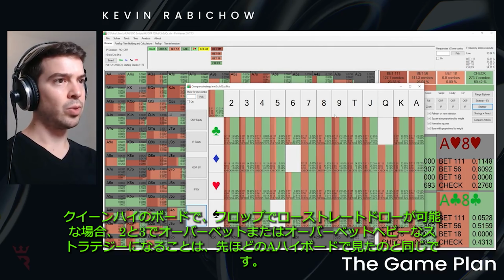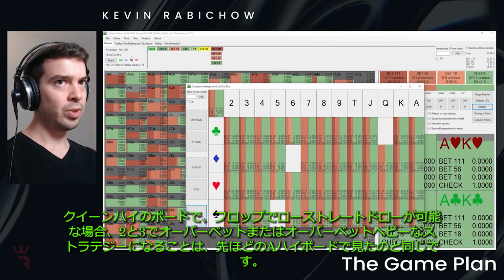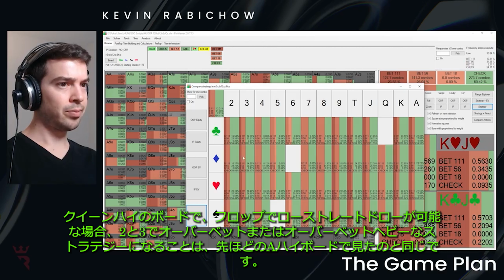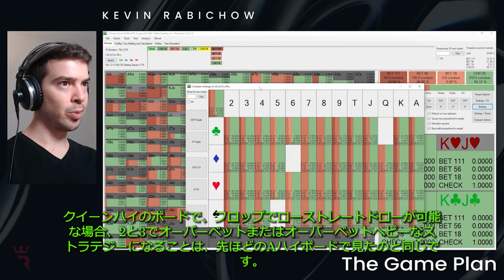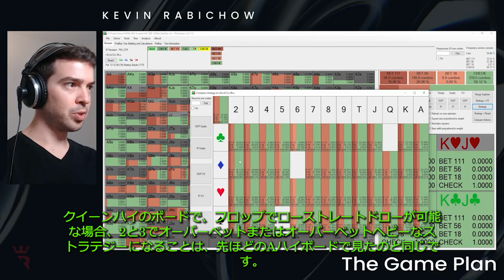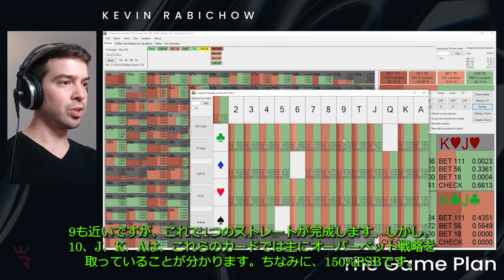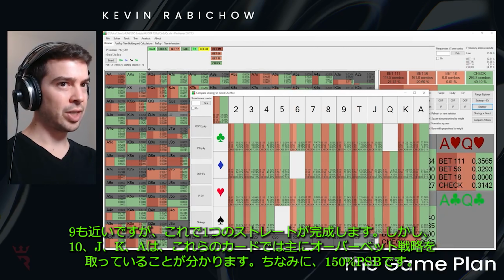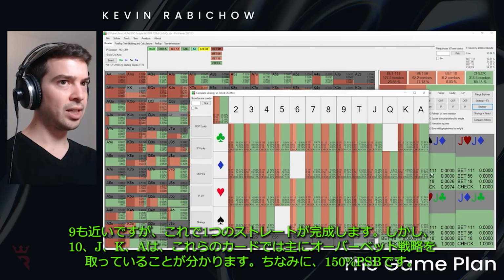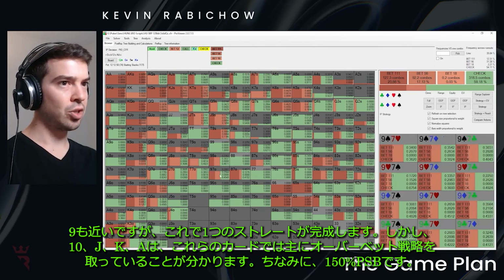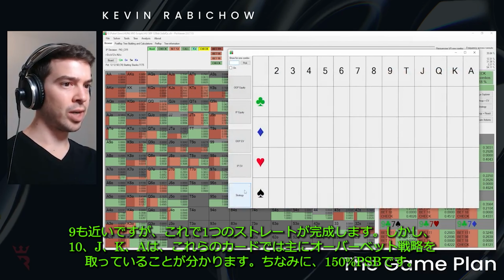So here I've got a queen high board with a low straight draw possible on the flop. We can see that the deuce and the 3 are getting that kind of overbet or overbet heavy strategy, similar to what we just looked at on the ace high board. You can also see that the 9 is close, although that does complete one straight. But the 10, the jack, the king, the ace, we're seeing on these cards predominantly overbet strategies.